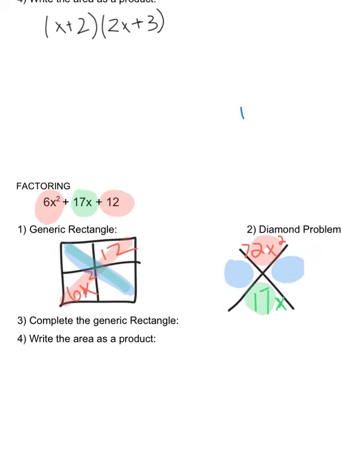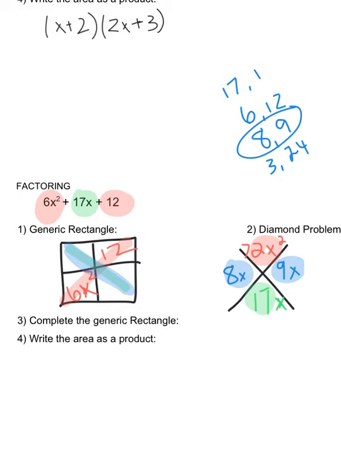So 72 is 6 times 12, 72 times 1, 8 times 9, 3 times 24, and there's a few others, but I can find the one in this list. 8 and 9 will add to 17. So I'm going to put 8x plus 9x adds to 17x, and 8x times 9x makes 72x squared.